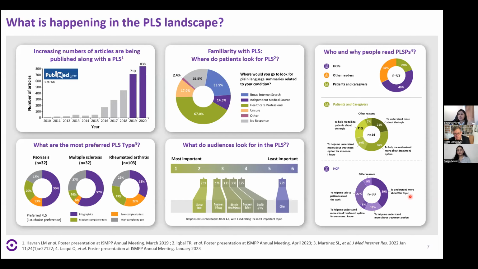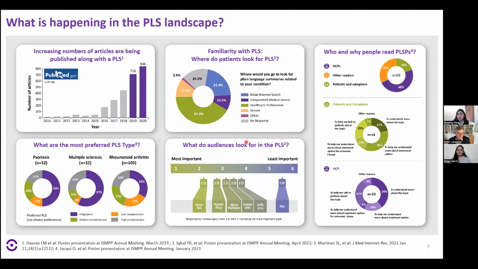So this is what the numbers say. Plain language summary is not just for patients, not just for the general audience. Even specialist audiences sometimes read plain language summaries to decide whether they want to read the whole article or not. So this is a very, very important aspect of plain language summaries.